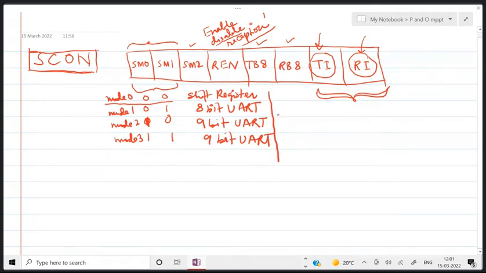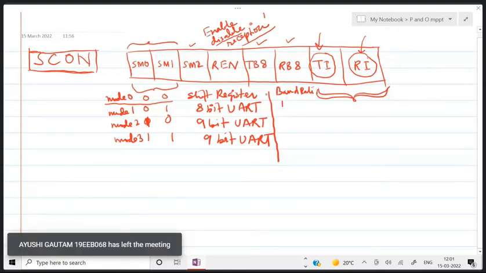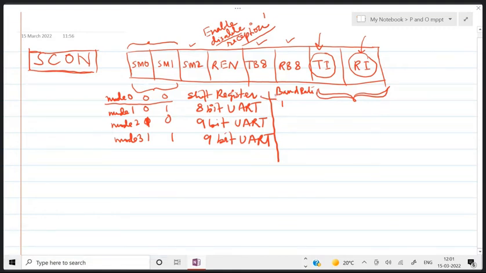And the baud rate in the four cases: in mode 0, the baud rate is fixed. It is FOSC by 12. In mode 1, it is variable when timer 1 is invoked. In mode 2, it is again fixed.